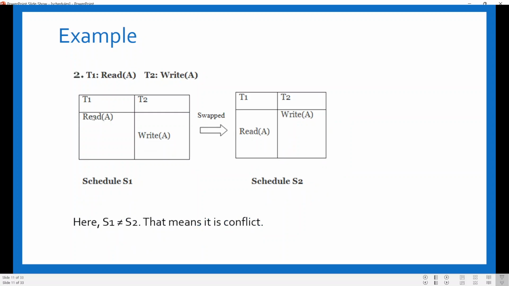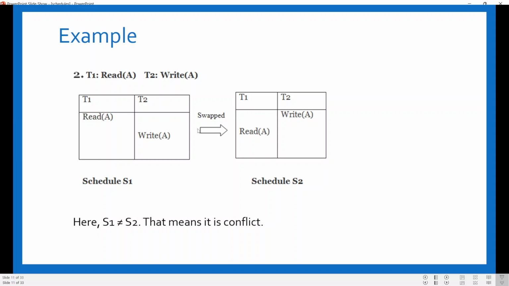Let us see another example. Here we have two schedules S1 and S2. In transaction T1 there is a read operation, and in transaction T2 there is a write operation. First we are reading the value of A, then in transaction T2 we are writing the value of A, saving it. When we swap these, we are writing the value of A first and then reading it in T1.